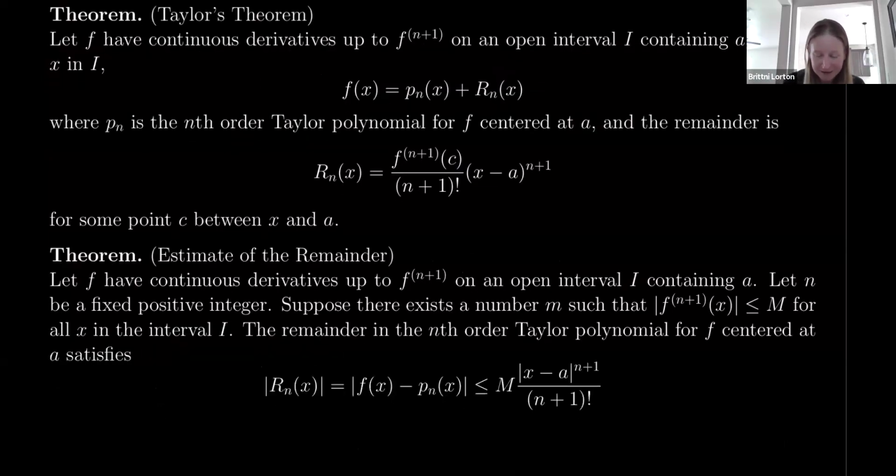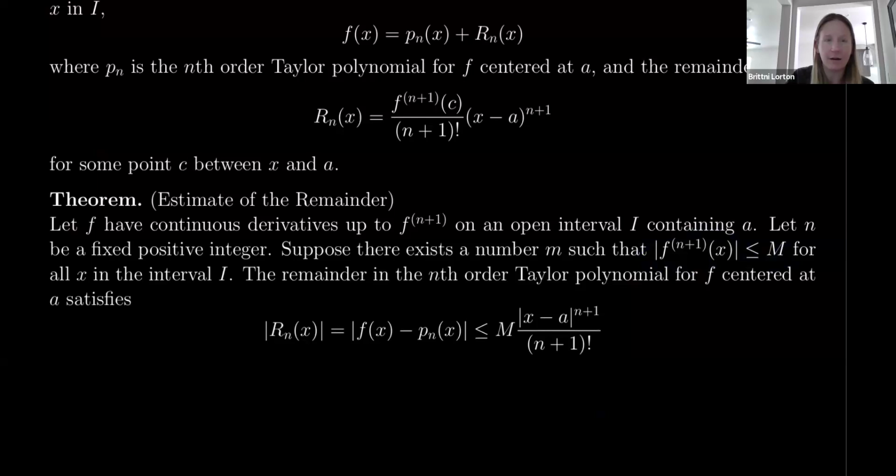Okay, so that's what Taylor's theorem is, and then this next theorem right here is how do I use Taylor's theorem? And that is that next derivative, bound it by some number, we're going to call it m, for the maximum value of that first neglected term, and then I will have a bound on the error.